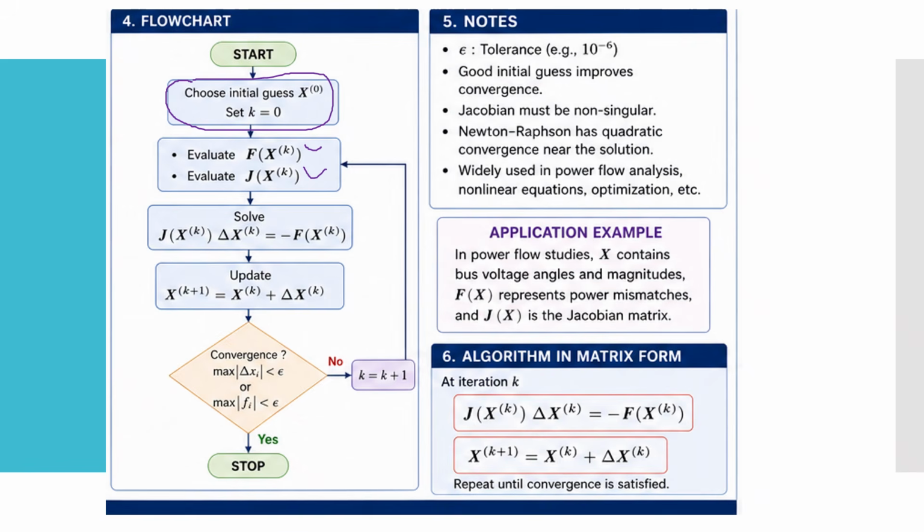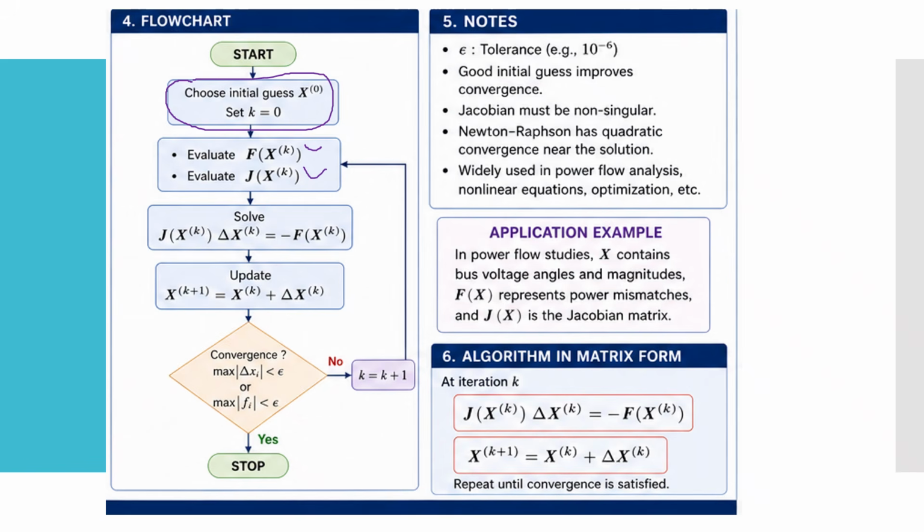The updated value is obtained using x k plus 1 equals x k plus the correction value obtained for k. We check the convergence, whether the error is within the required range or not. If not, we return to the evaluation of the function value and the Jacobian matrix at the newly obtained value. Epsilon is a tolerance value.